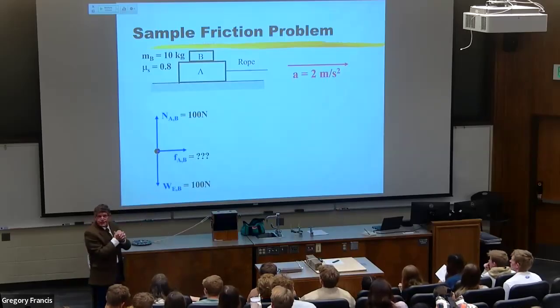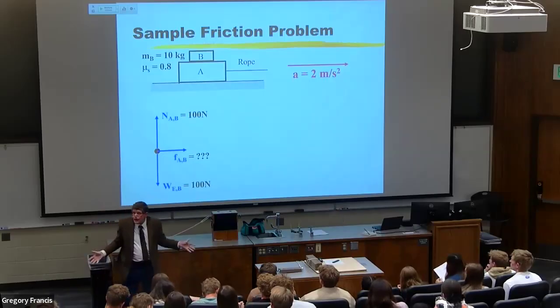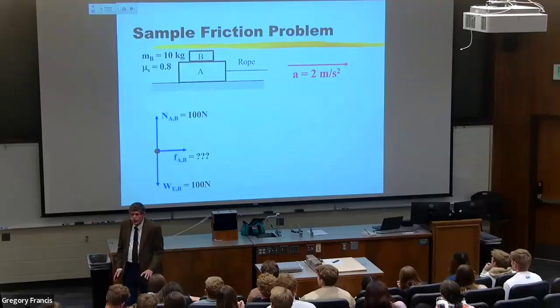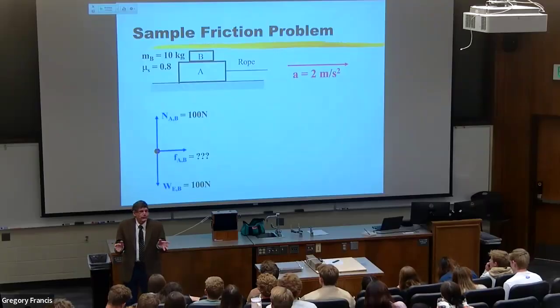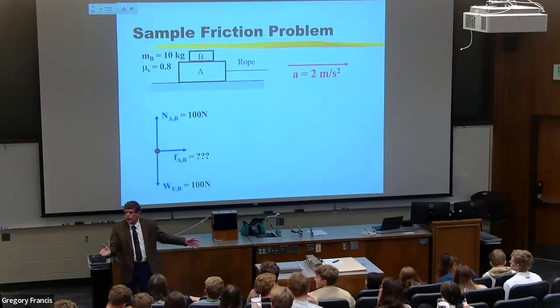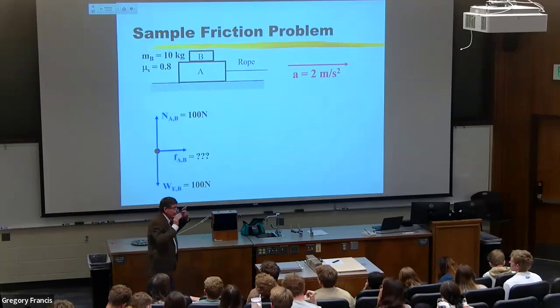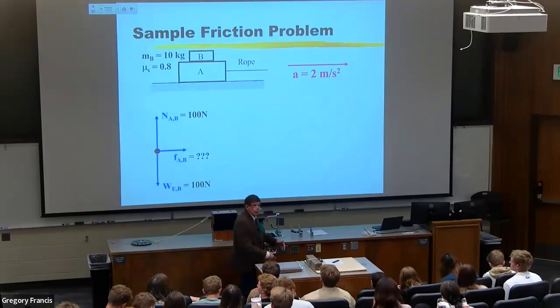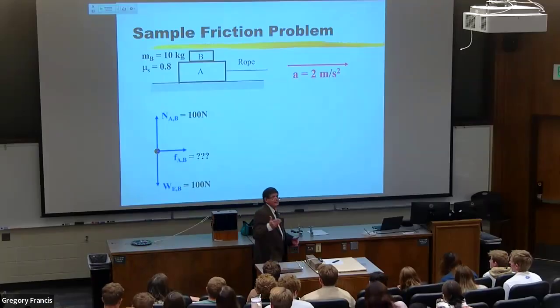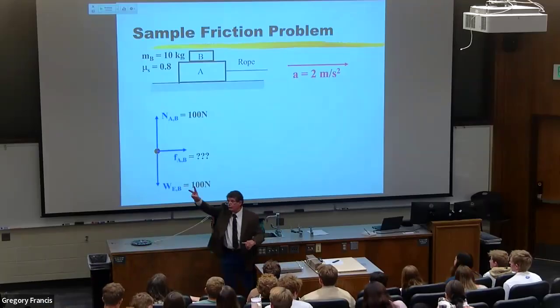Now, when I put this on an exam, a lot of people said, well, Greg, block B is not moving relative to block A. There's no acceleration of block B relative to block A. We don't do our physics relative to block A. We do it relative to the sidewalk, okay? If I buy the most expensive sports car with really expensive leather seats, and I put my hind end in that leather seat, I hit the gas and I go from 0 to 60 in 2 seconds.